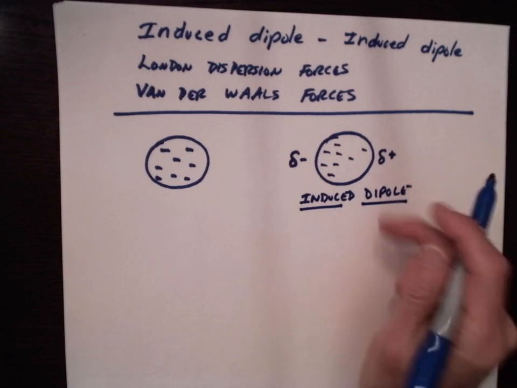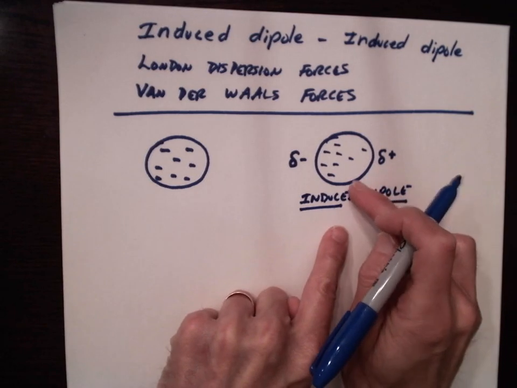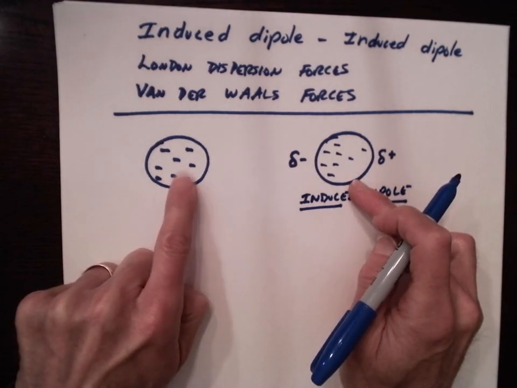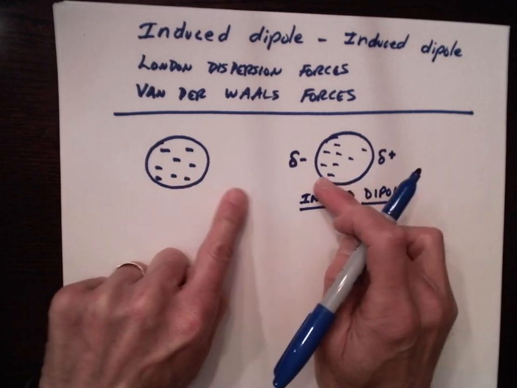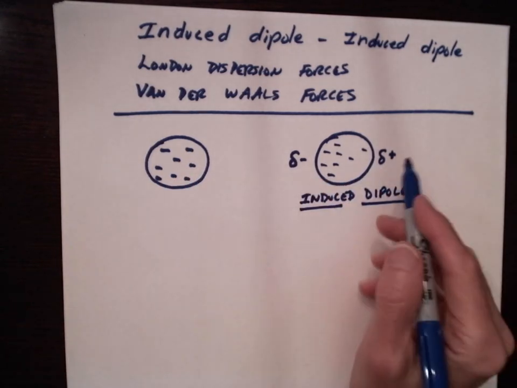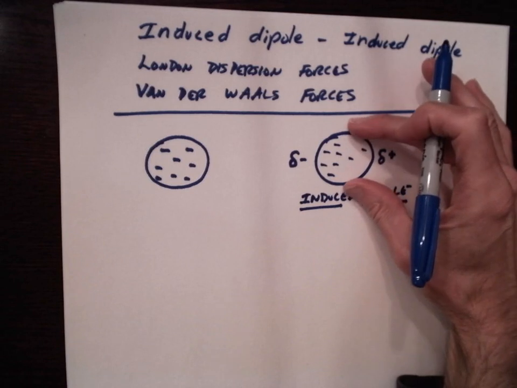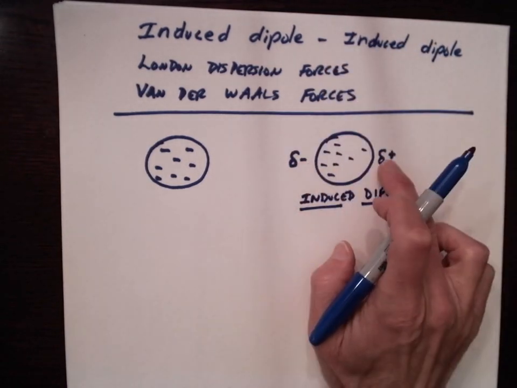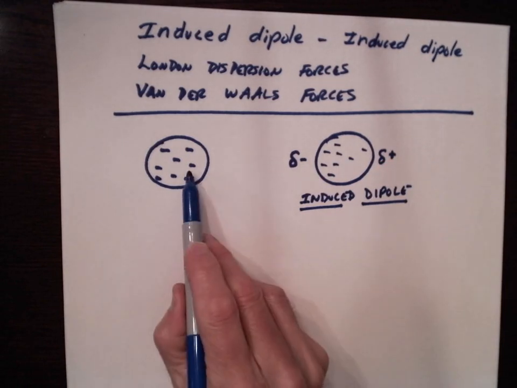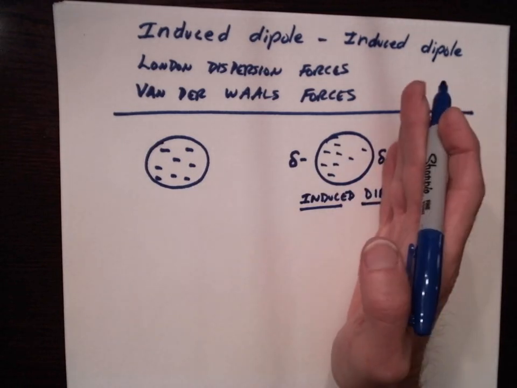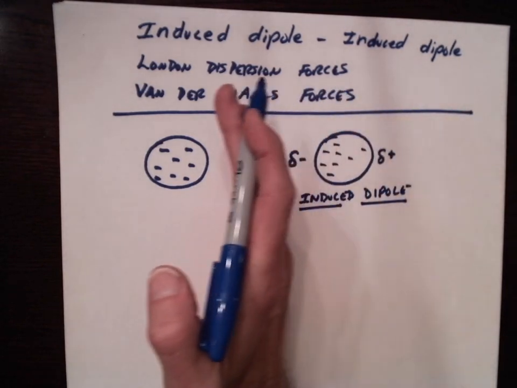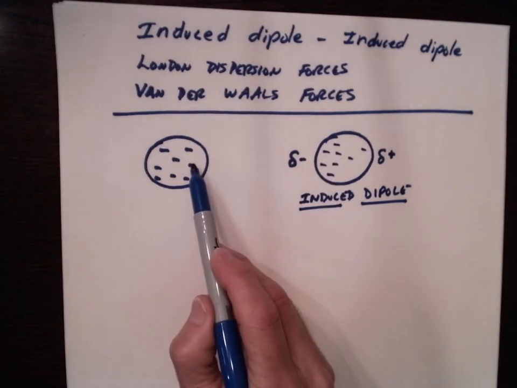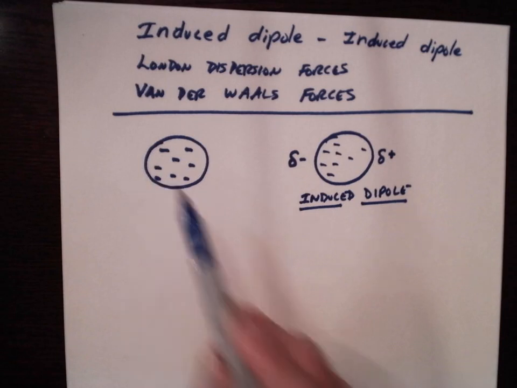And now we're going to imagine taking this induced dipole and bringing it close to this molecule over here. So we're going to bring these together. If we do that, we move this over here with the negative part over here and the positive part over here. Let's imagine what's going to happen to these electrons as this entity is brought closer to it. Well, with all these negatives, these electrons are going to want to move away.